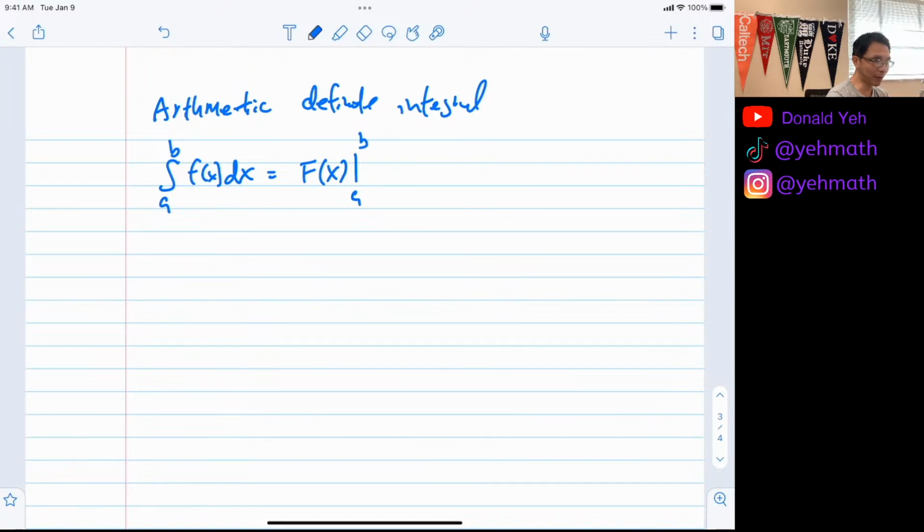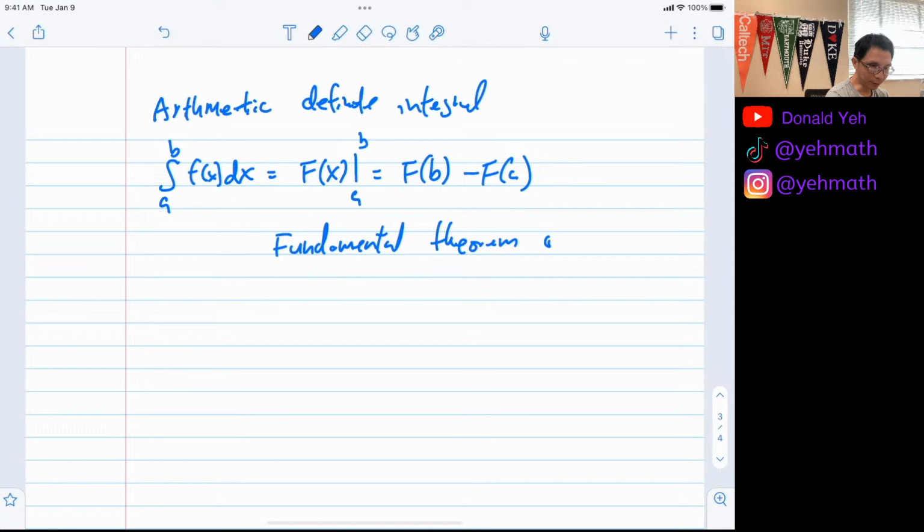That means I take an integral and it becomes capital F. The straight line means the next step is to plug in F of b minus F of a. This is the fundamental theorem of calculus. So integrating is basically two things subtracted from each other.